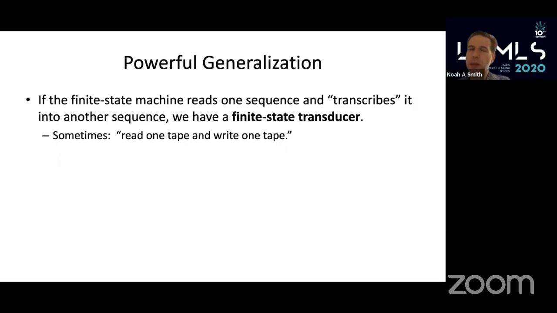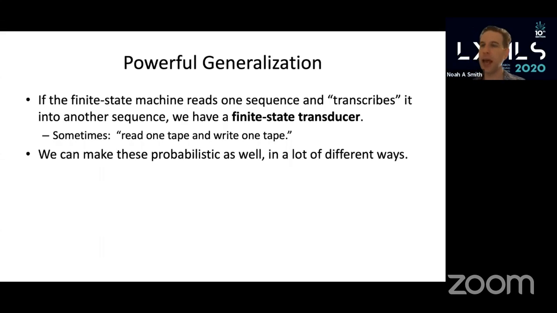And then building on what finite state automata can do for us. One of the really fascinating things that people were doing about 25 years ago in NLP was taking finite state machines and generalizing them so that they didn't just read a sequence or write a sequence, they actually did both. So they're transducing or transcribing from one sequence to another. So you can think of it as reading one tape and writing another tape.